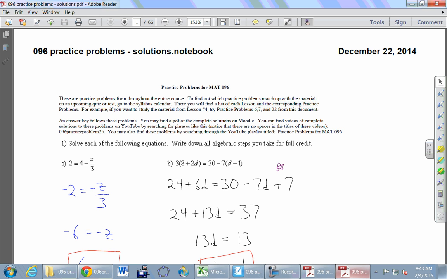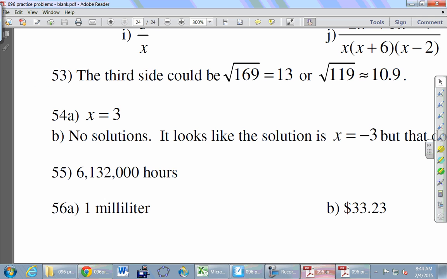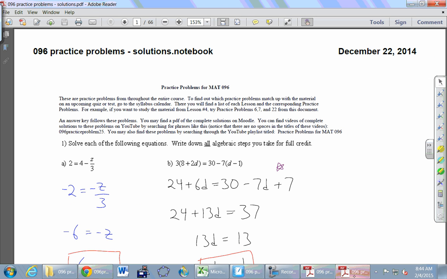And then another thing you'll find on Moodle is a link to a playlist that I made in YouTube where I solved every single one of these problems, full out solutions, and you'll hear me talking and you'll see me writing. For example, up in the top of this packet, it tells you exactly how to find anything, right before number 1.